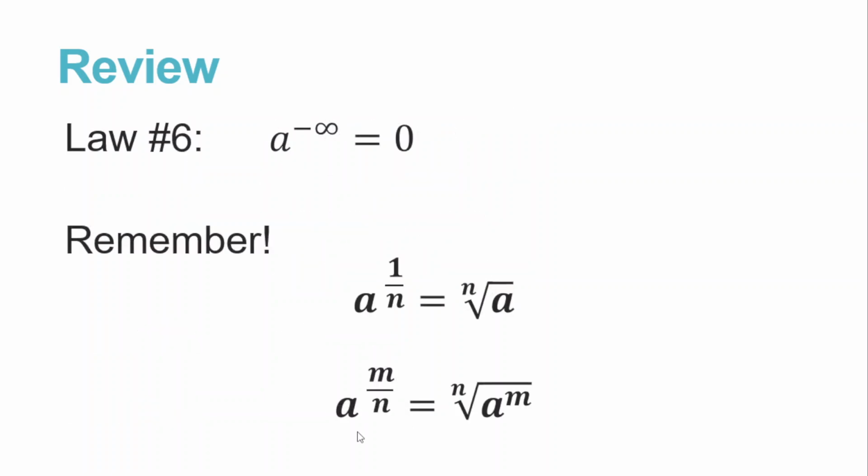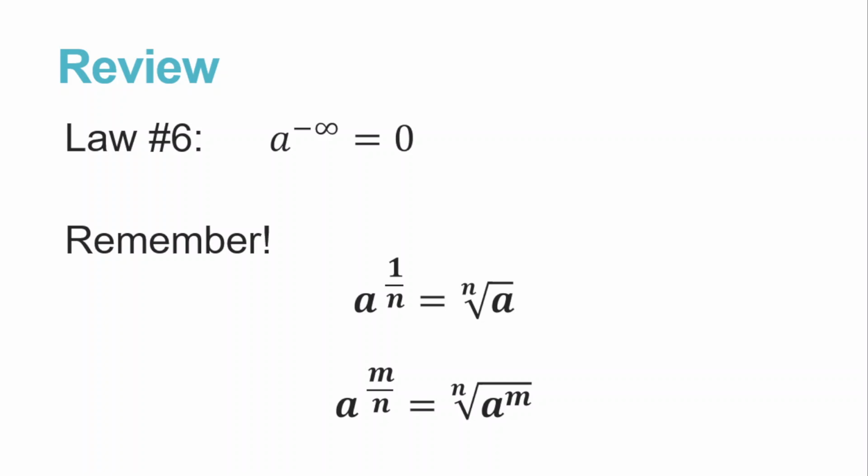Okay, so we also have law 6. If we have a number raised to negative infinity, any number, that will always be equal to 0. And remember some more laws: if you have a base a with an exponent of 1 over n, that will equal the nth root of a.